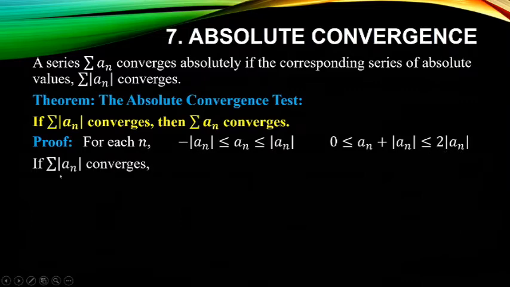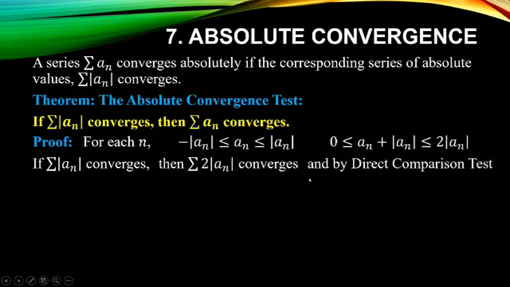If the summation of the absolute value of a sub n converges, then the upper bound, the summation of two absolute values of a sub n, converges. And by the direct comparison test, the series in the middle, the summation of a sub n plus the absolute value of a sub n, also converges, since it is bounded by the series on the right side.